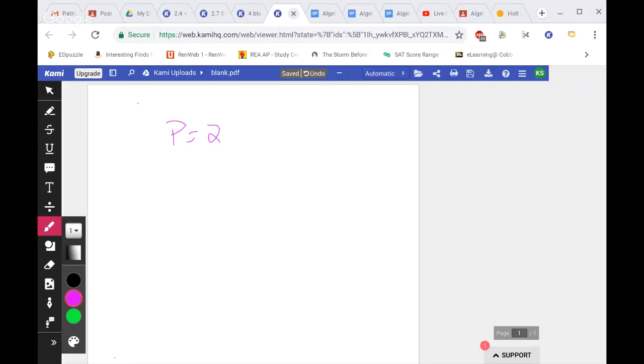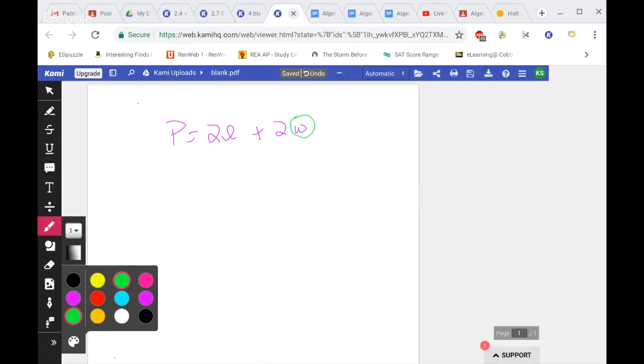So the perimeter is 2L plus 2W. And what they're asking us to do is solve where the W is all by itself. So once again, I'm going to unpack everything around it. And then eventually I'll have 2W by itself.